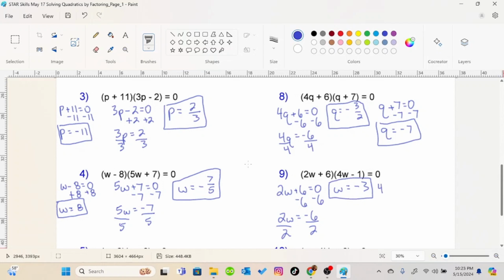Or we take the second factor, 4w minus 1, and set it equal to 0. Add 1 to both sides, and 4w equals 1. Divide both sides by 4, and get our second answer, w equals 1/4.